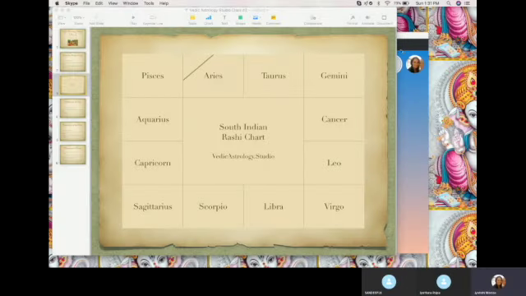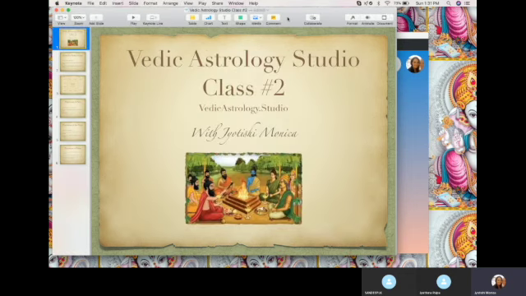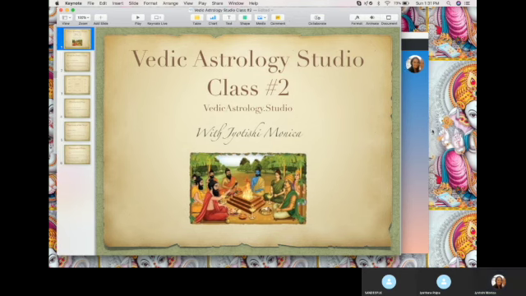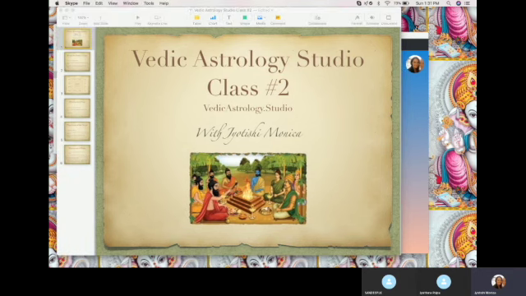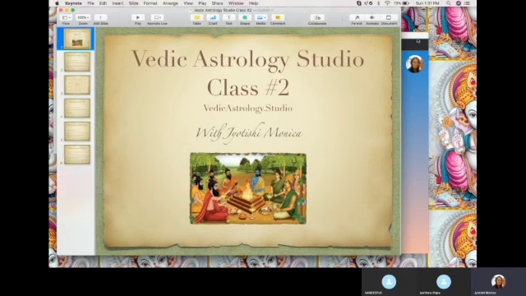All right. So today what I want to focus on is I want you guys to be able to understand the chart. I want you guys to know how to read a birth chart.